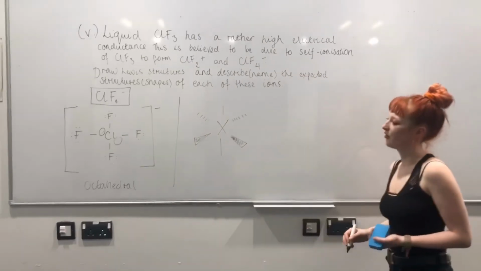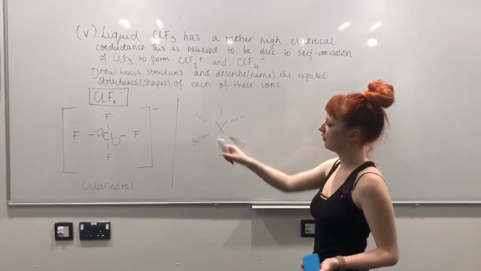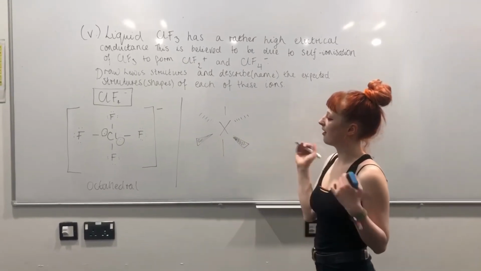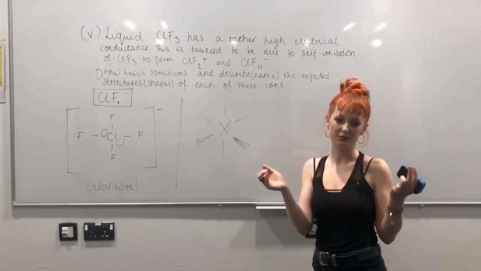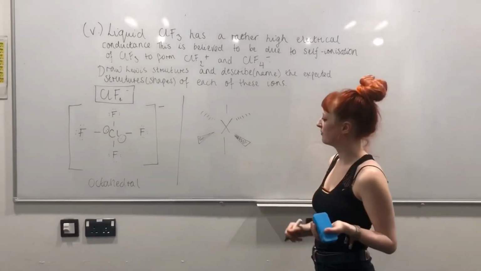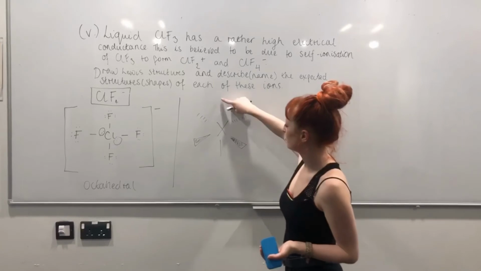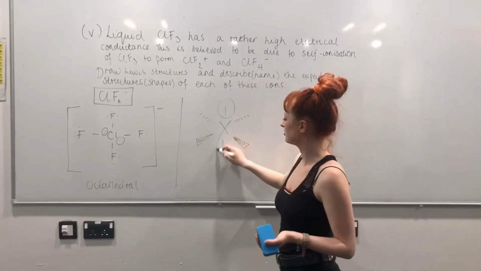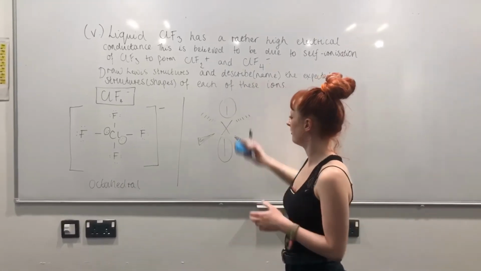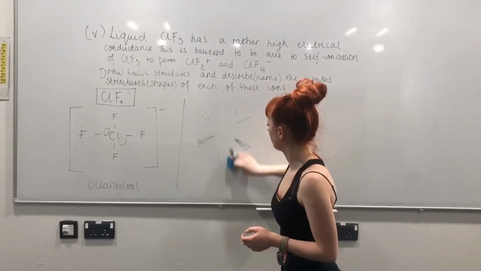So we need to decide the best positions to put the lone pairs on to have the biggest amount of space between them, and between them and the bonding pairs as possible. And this would mean that they would take the axial positions here, and therefore it would look like this.